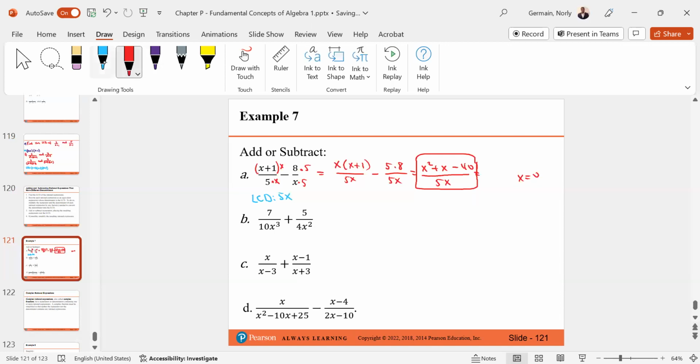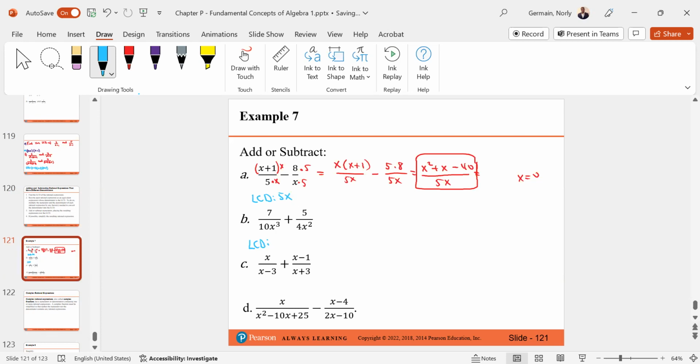When you look at the second one, again, here you only have one term in each denominator. So first of all, we need to find the least common denominator. What is the least common denominator here? Look at the 10 and look at the 4.